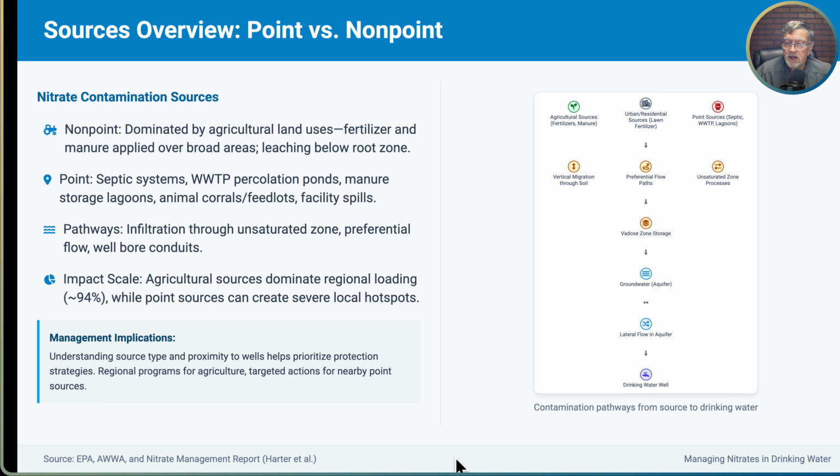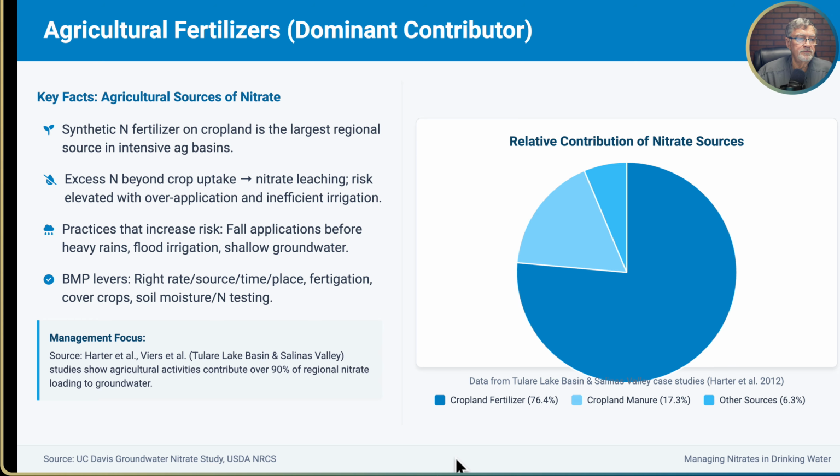You're going to get vertical migration through the soil into the unsaturated zone. It's going to flow through preferential pathways into the vadose zone, and it's going to work its way into the groundwater. You're going to get lateral flow there, and then it's eventually going to work its way to drinking water wells. We're going to talk about those processes.